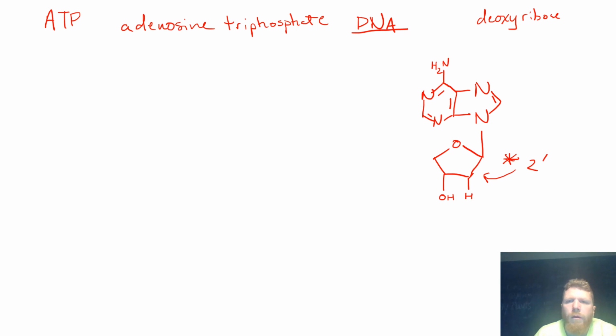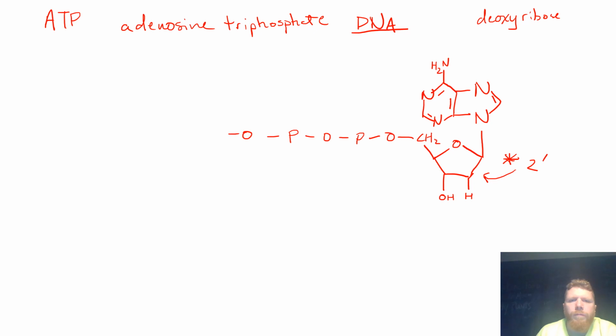Now, in order to actually connect this to our phosphate groups, in order for it to be an adenosine triphosphate molecule, what we have to have is carbon, or position 5' on our sugar, have the hydroxyl group that is then ultimately phosphorylated and makes this chain of phosphate molecules.